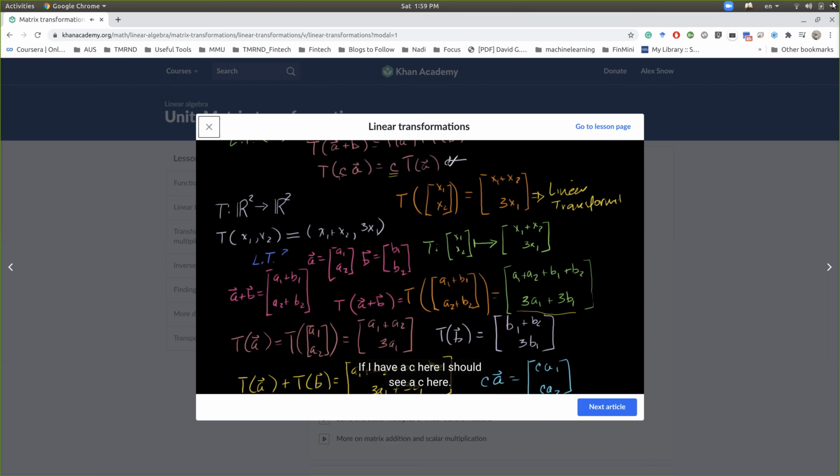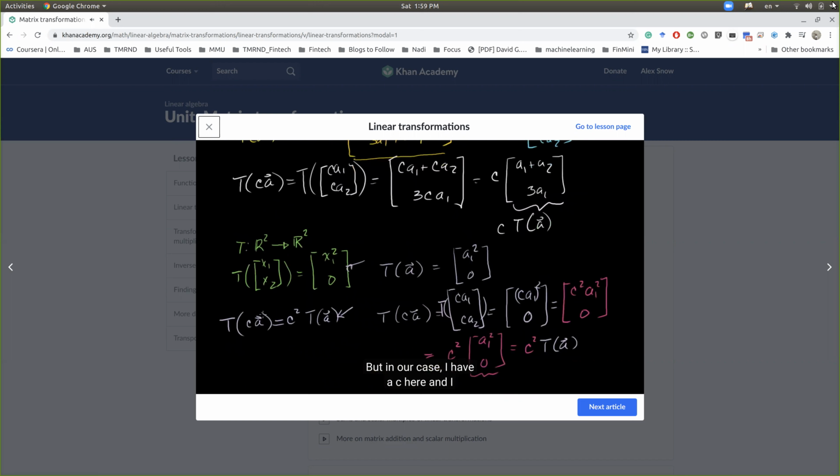If I have a C here, I should see a C here. But in our case, I have a C here and a C squared here. So clearly this negates that statement. So this is not a linear transformation.